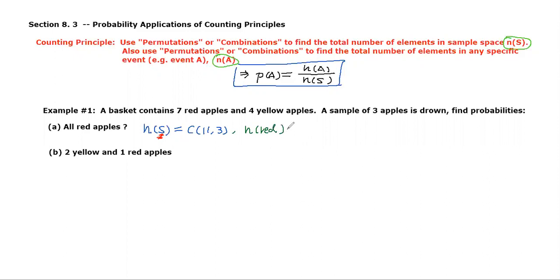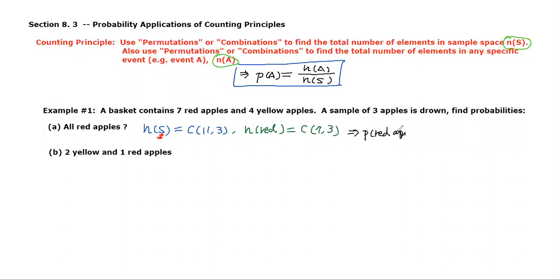Okay, so here, take a look here. I have 7 red apples. I'm taking 3. So it will be what? See the 7 over what? Over 3s, right? Okay, so now I can figure out the probability of getting all red apples.